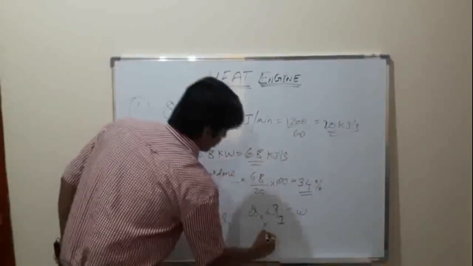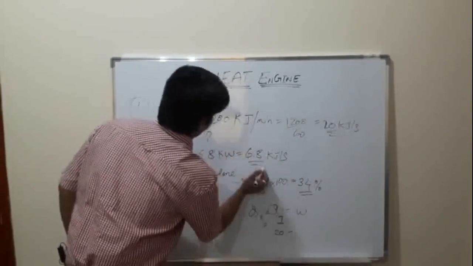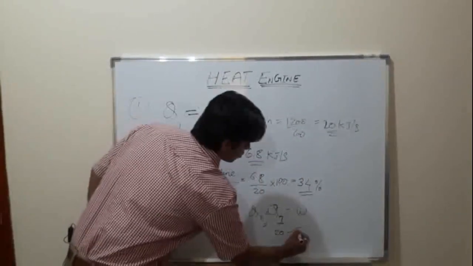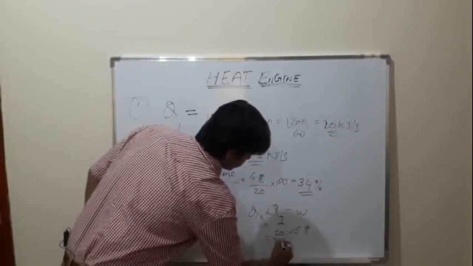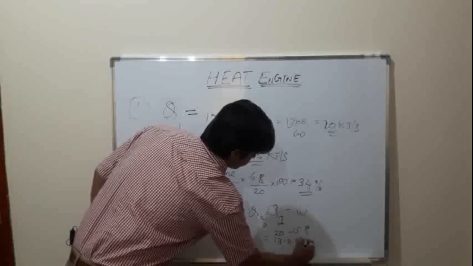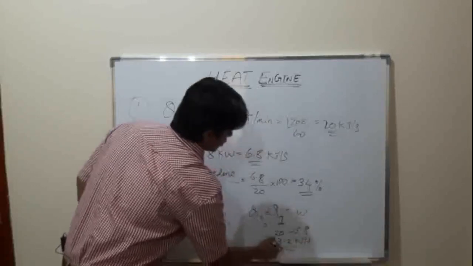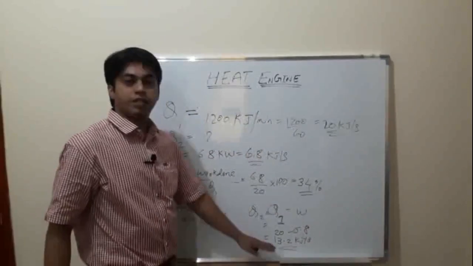It is 20 kilojoules per second, minus W, that is 6.8, which gives you 13.2 kilojoules per second. This is your heat rejected in the surrounding.